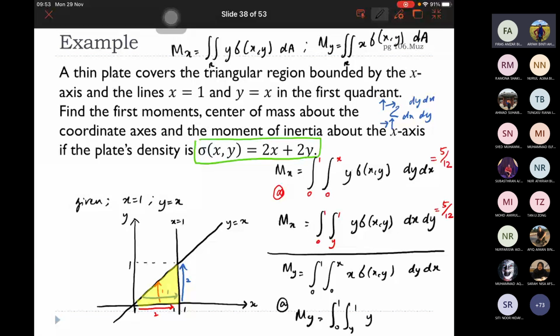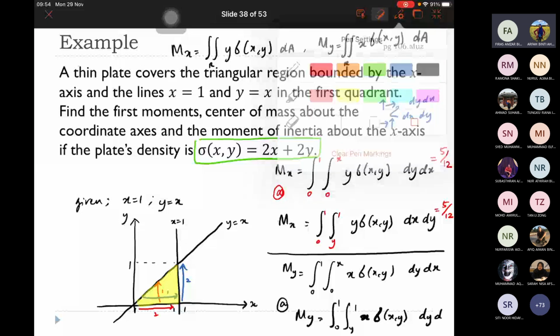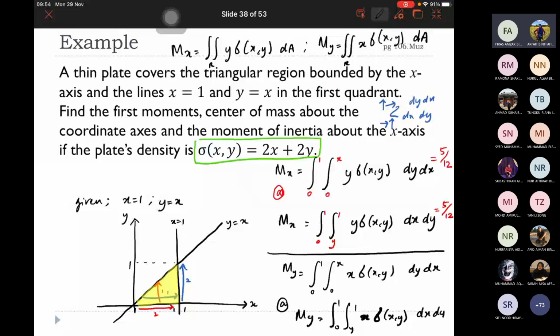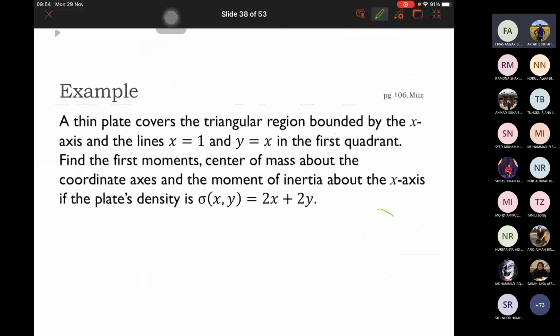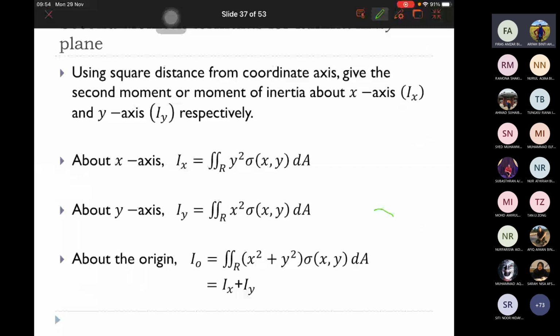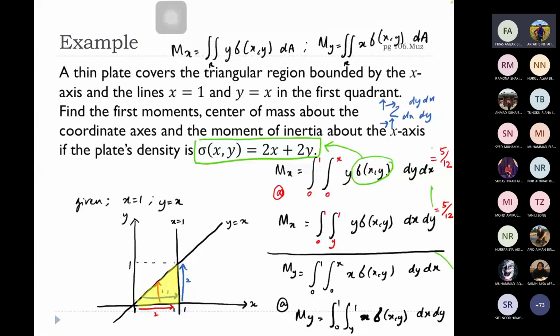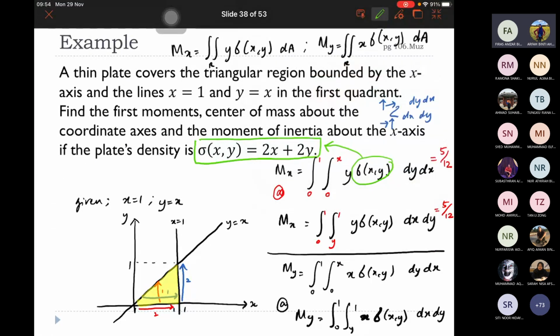Dia akan jadi x sigma xy, dy dx atau dx dy. Yang mana sigma xy yang ini adalah 2x tambah 2y.